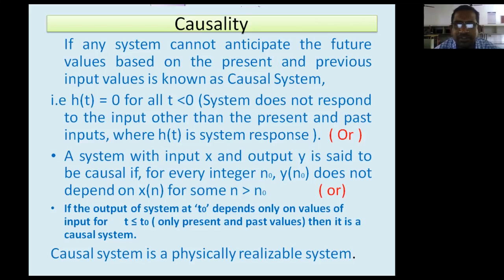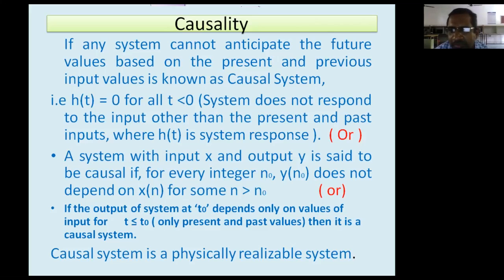If the system could not respond for the input at t equal to t5, then that system is simply called a causal system for us, because whenever we apply the input at a particular instant of time, only then do we know the output of that particular system.